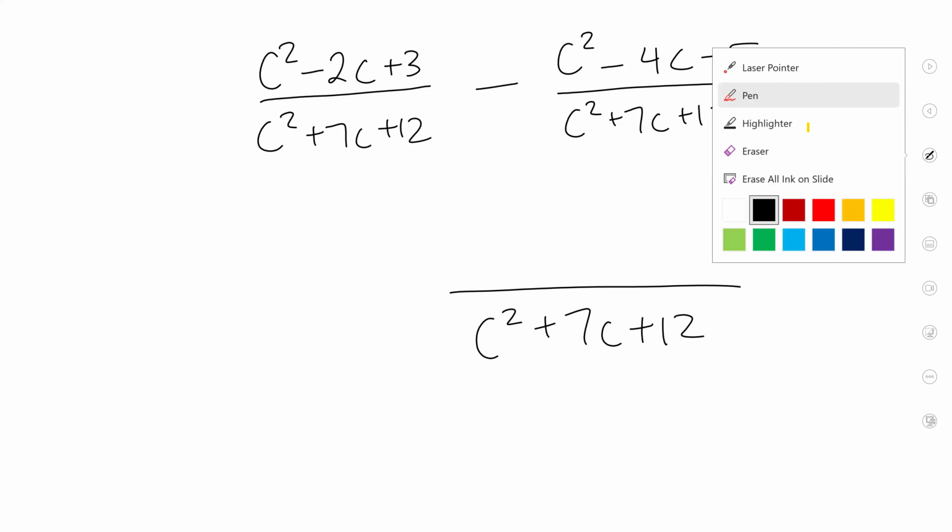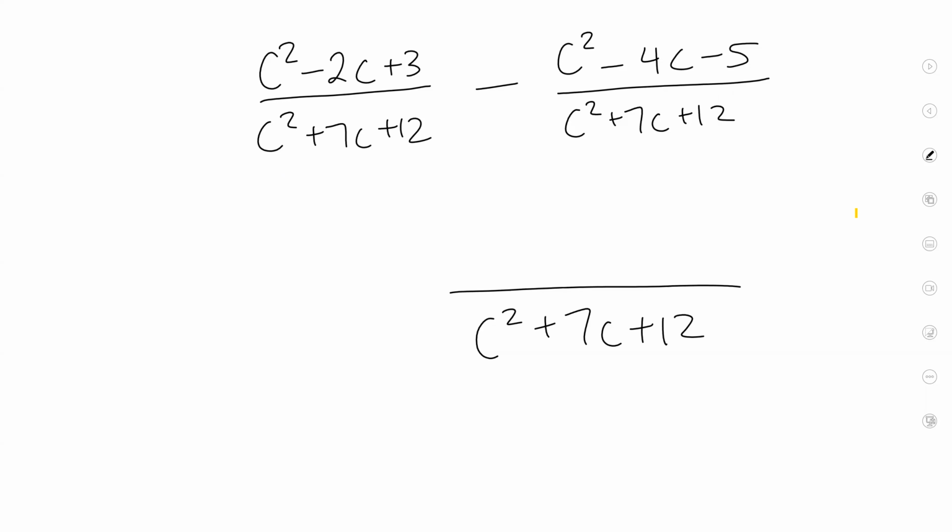Now let's talk about the numerator. What is c squared minus c squared? 0, those canceled. What is -2 minus -4? Yep, +2, so that'll be a 2c.